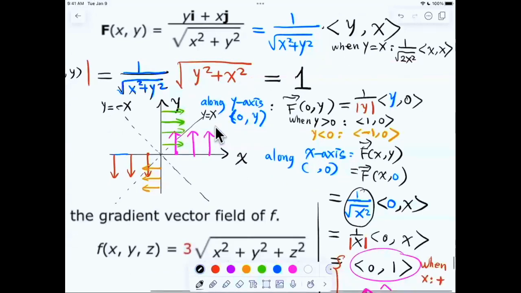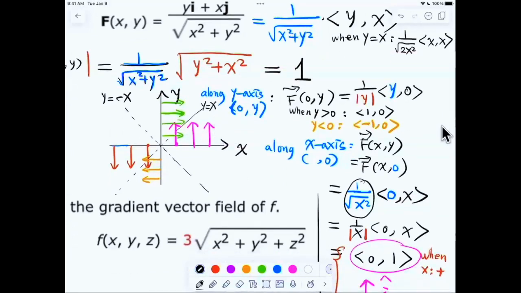This one here is going to be 1 over square root of 2, and that will be x over the absolute value of x, right? So when x is positive, this is going to be 1, 1, but times 1 over square root of 2, right? So the arrow will look like this.